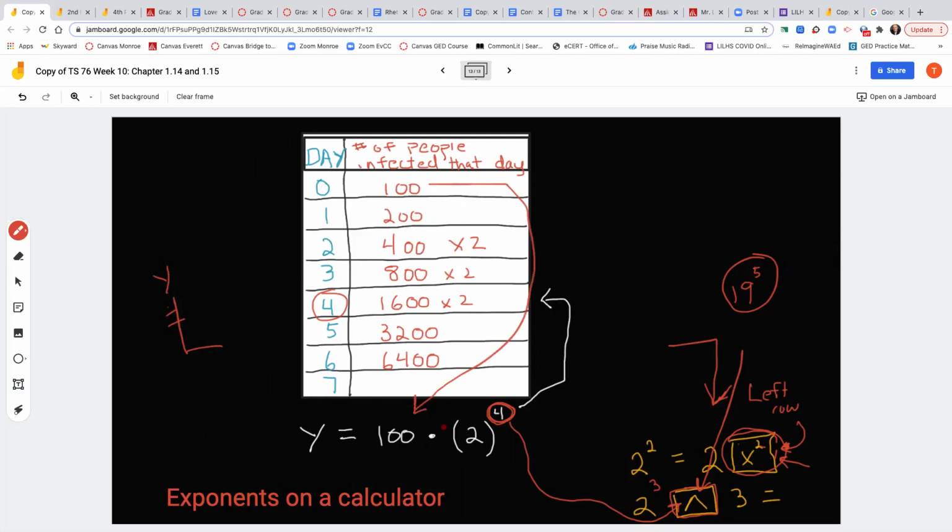Times the multiplier, which we determined was 2, to the fourth power. That's my exponent because we're asking for the fourth day. On our previous slide, it was to the x value. And that would give me how many people would be infected on the fourth day, 4 days out.